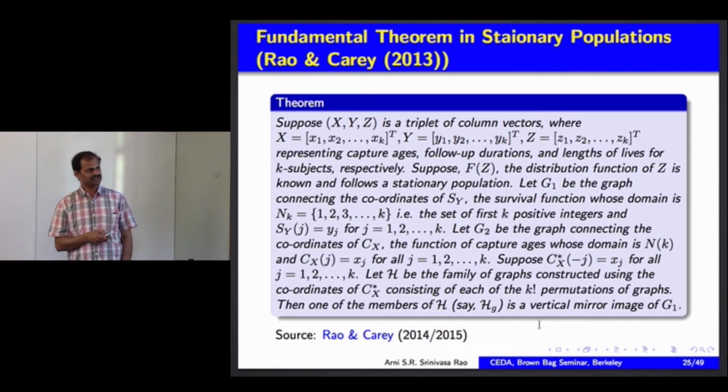And suppose C_x star of minus j is x_j for all j. Then let H be the family of graphs constructed using the coordinates of C star x, consisting of each of the k star permutations of graphs. Then one member of this family is nothing but the vertical mirror image of G1.